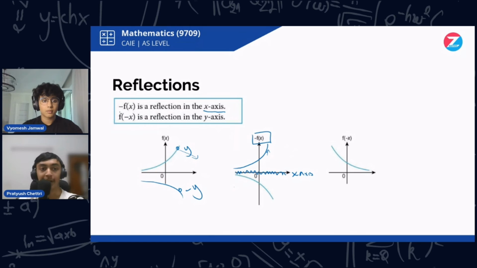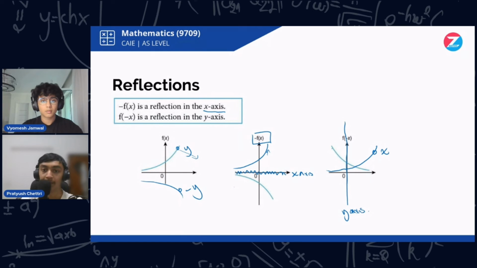And if you do that inside the brackets to x, that's a reflection in the y-axis, the y-axis as a mirror. It's not quite a mirror though, because a mirror would produce two images. What's happened here is, you see the original curve looked like that. This is the x value.